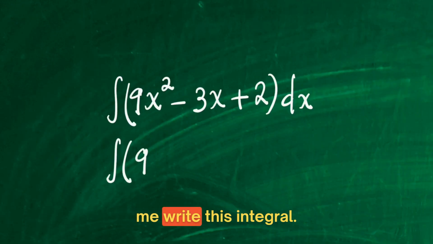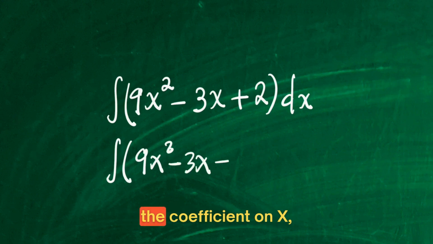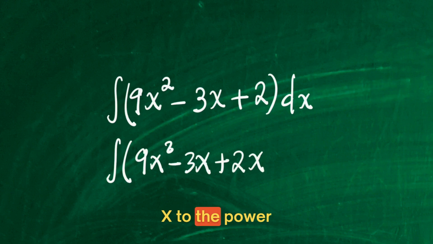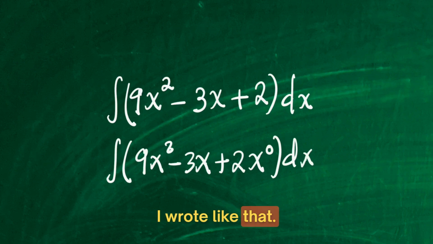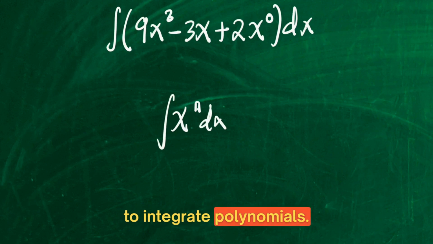So let me write this integral, and I want to particularly write the coefficient on x, right, on 2. I write 2x to the power 0 for a simple reason which I will show you. The next thing I want to show you is the rule called the power rule that we use to integrate polynomials.